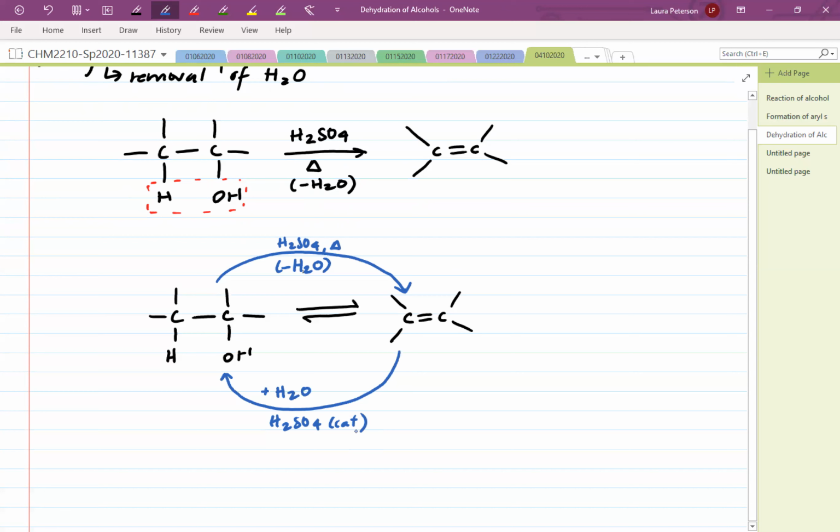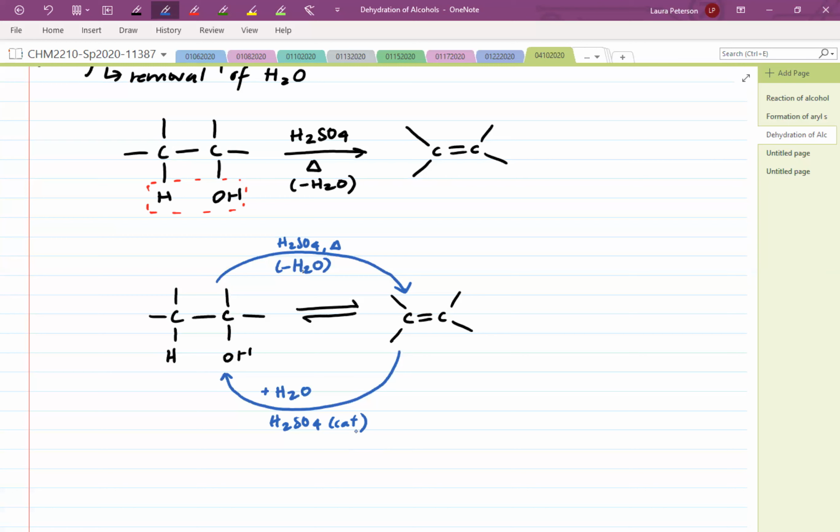Basically this is directly related to a principle, Le Chatelier's principle, that you learned back in general chemistry. These reactions are in equilibrium with one another, the forward and the reverse reaction. How we can control the concentration of our products, or the position of the equilibrium, is by either adding or removing water from the system. In the direction going from alkene to alcohol, we can just add water as a reagent.